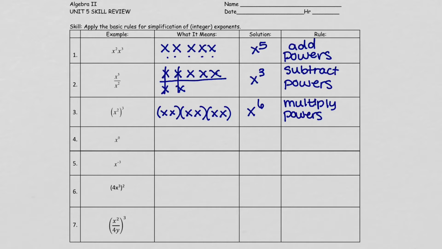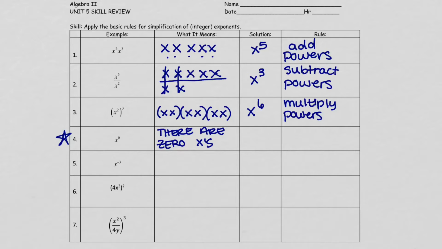Oh, and I should have started with number 4, but put a little star next to number 4. Number 4 is 4th on the list, but really it's probably the most, I wouldn't say most important, but it is the easiest one to spot. And when anything is to a 0 power, that just tells us that there are 0 x's. Okay, so if there are 0 x's, that doesn't mean that x disappeared.